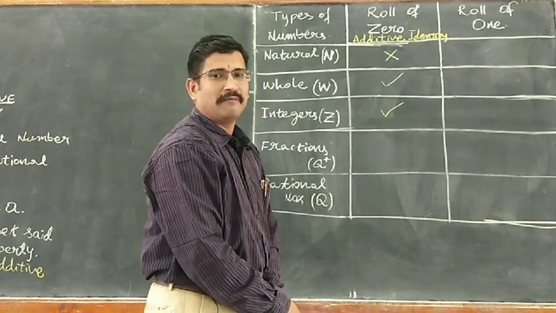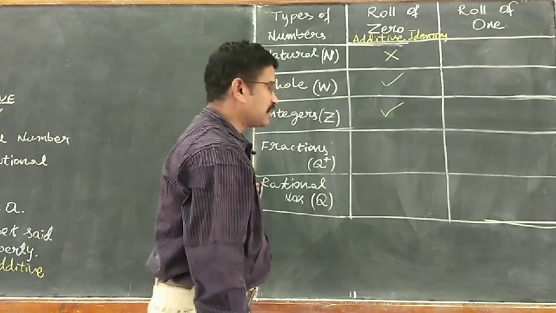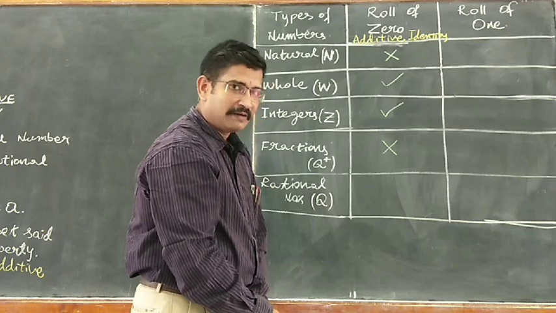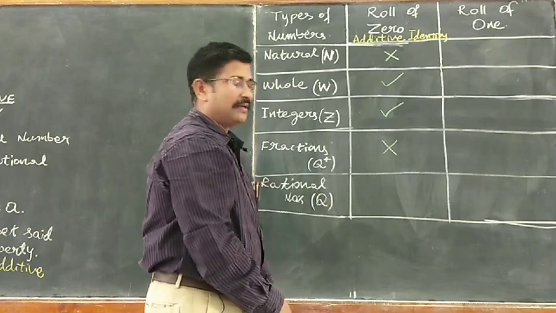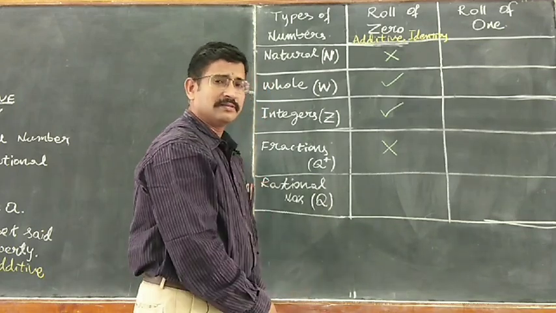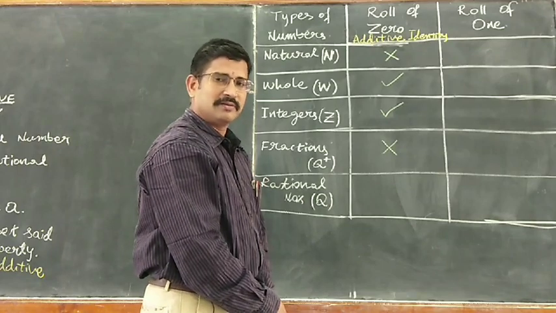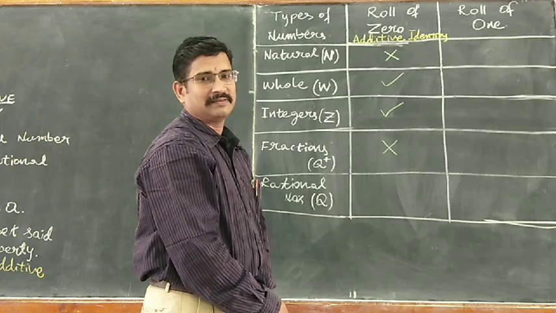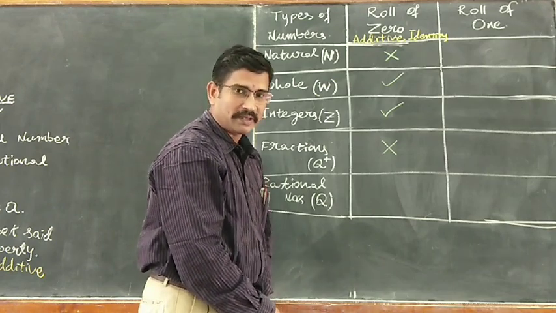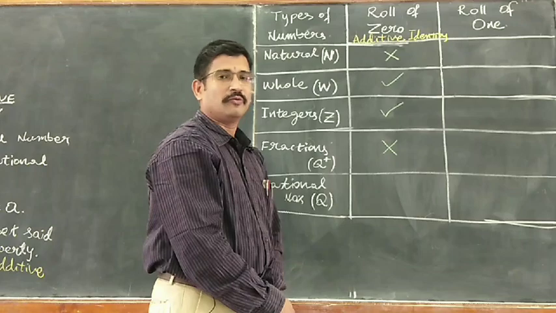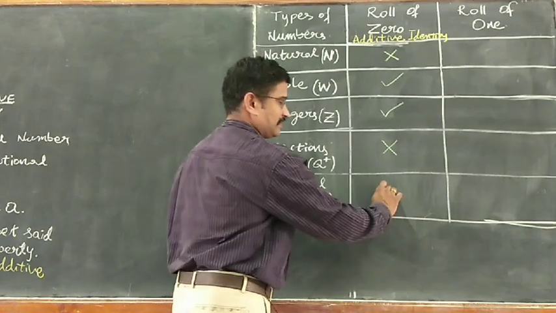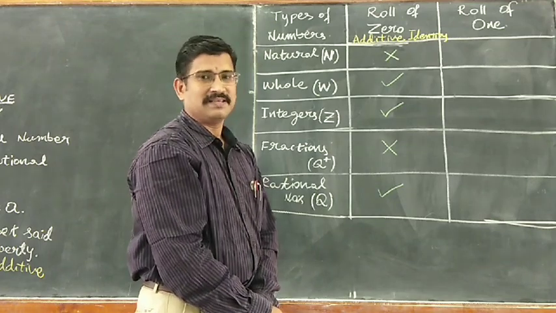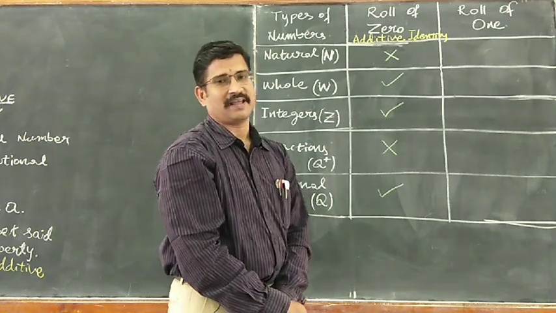No. When 0 is not part of fractions, obviously additive identity property will not be there for fractions. Next, for rational numbers, 0 is a part of rational numbers, therefore, definitely the rational number set follows additive identity property. Therefore, we can say additive identity property for rational numbers is true, it is there.